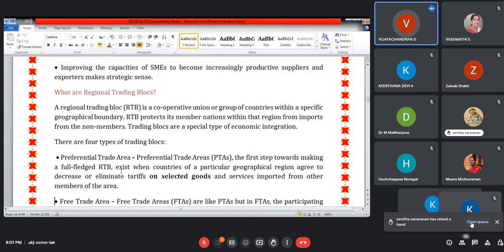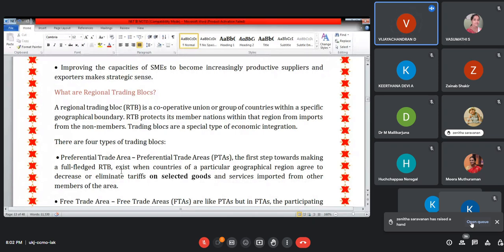So what are the types of trading blocks that you have to understand? Not only this, you should keep in mind, with examples, what are the organizations coming under preferential trade area, free trade area. So you should know the organizations with examples.